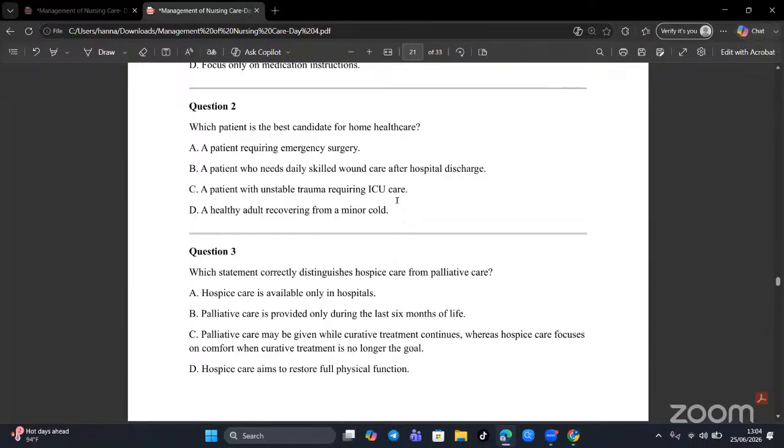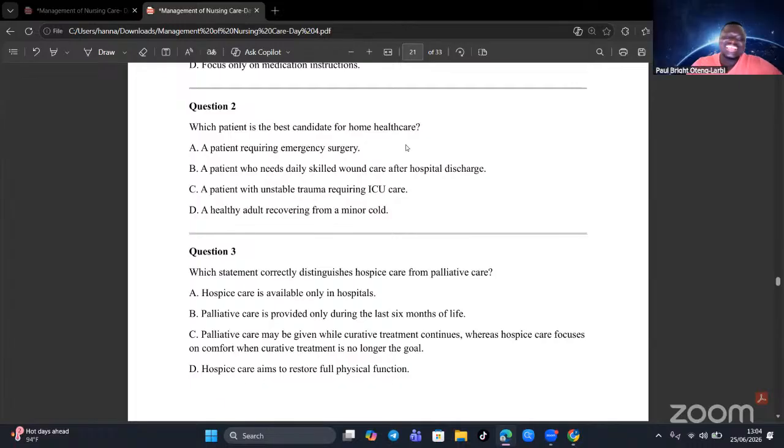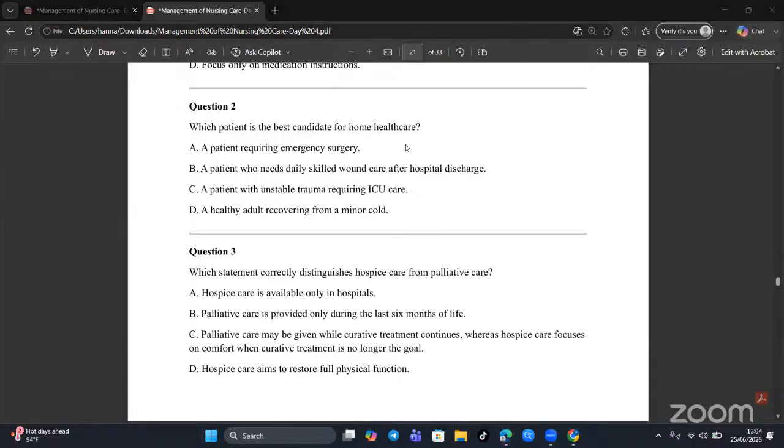I was thinking of a healthy adult recovering from a minor cold. Yes. I'm going for B, a patient who needs skilled wound care. Yes, B. Correct.